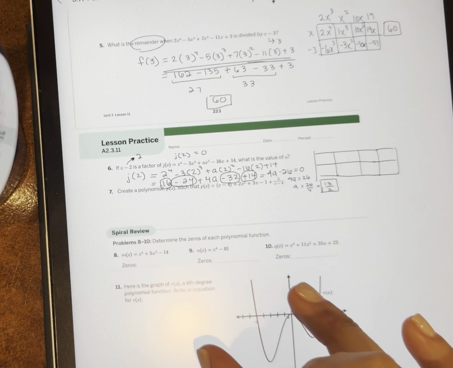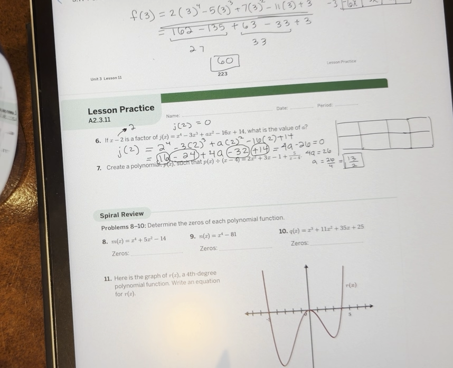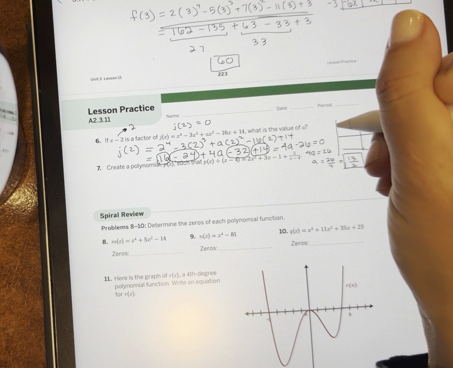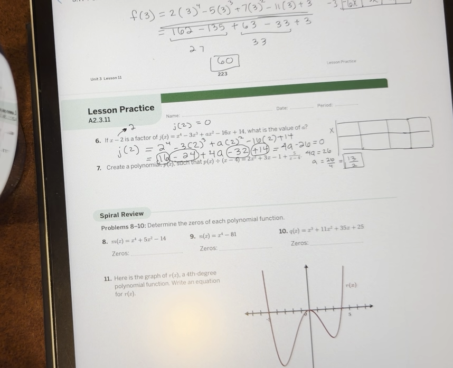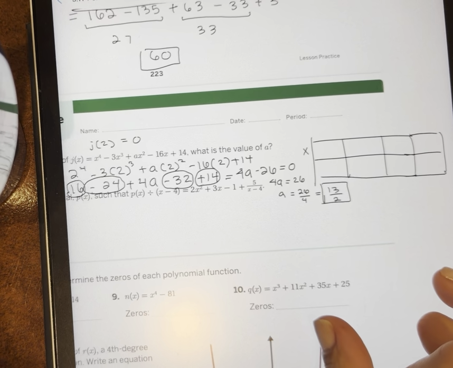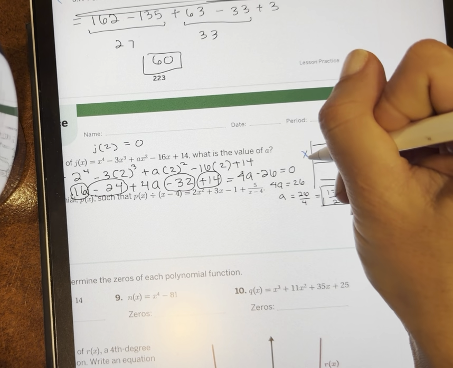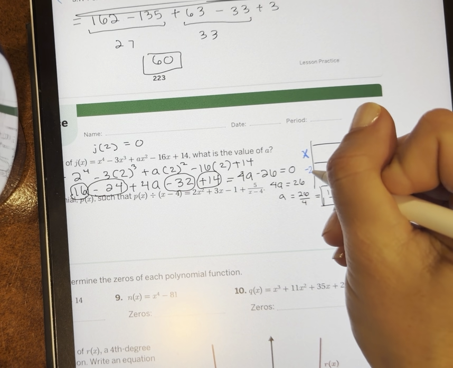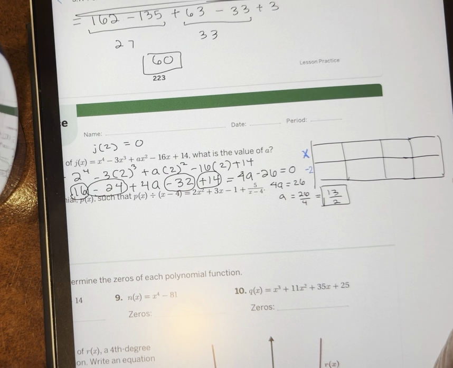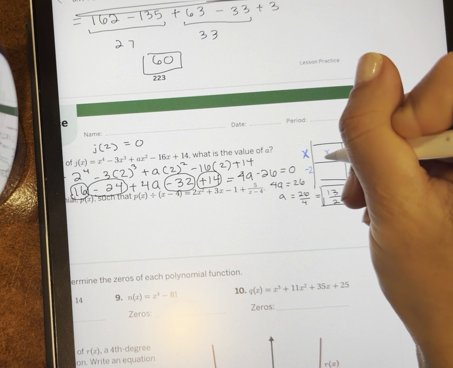But again, since I don't trust my brain without a calculator today, let's also do it this way, where I divide by x minus 2. I'm going to do it in blue so it doesn't get all confused with all the writing I already have going on here. x minus 2, we'll divide it into x to the 4th.